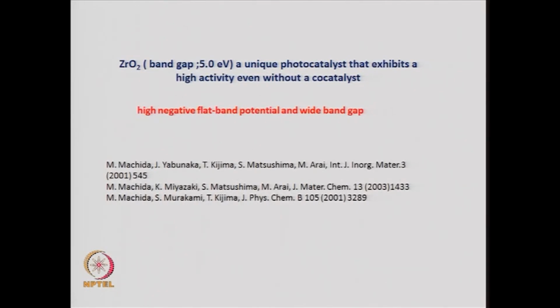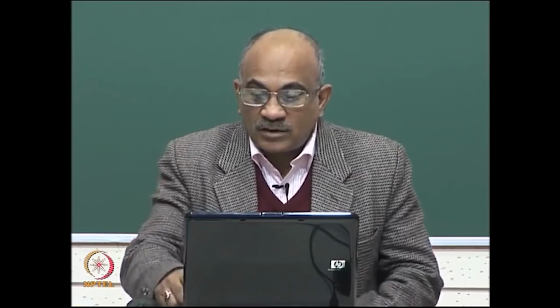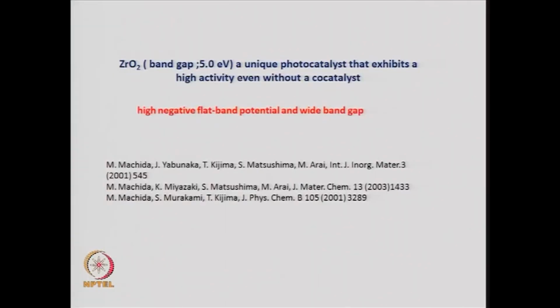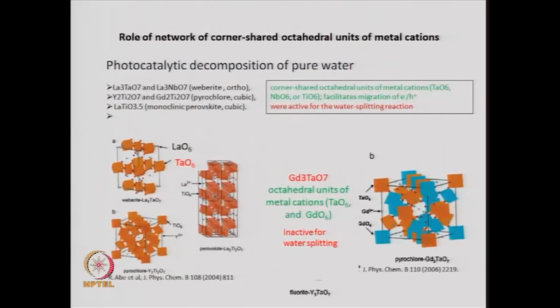So, if your flat band potential is very high, then it should be negative. The high negative flat band potential will lead to very good photocatalysis. So, zirconia is an example of that.